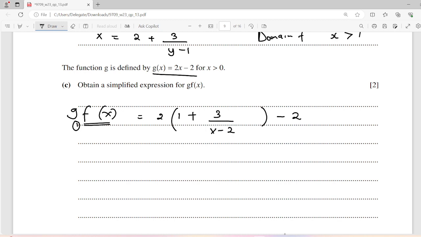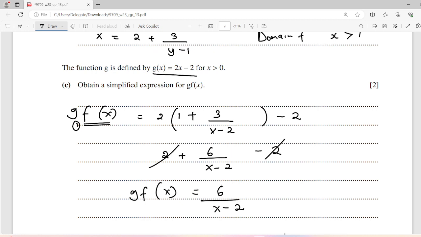When you enter the 2, we shall end up having 2 plus 6 over x minus 2 minus 2. You can see clearly that they give you a 0 and you end up having your answer as 6 over x minus 2 as your g f of x.